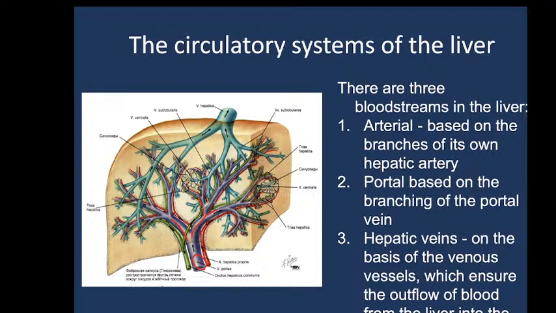These get smaller and smaller, and then the blood comes into the capillary net together with the arterial blood, and in the hepatic tissue the blood is mixed. This is venous blood and arterial blood coming together.